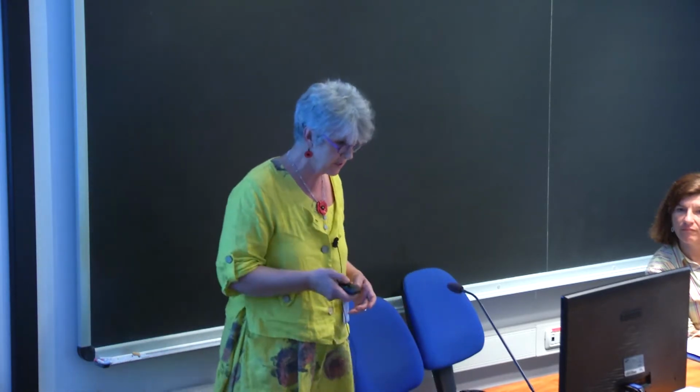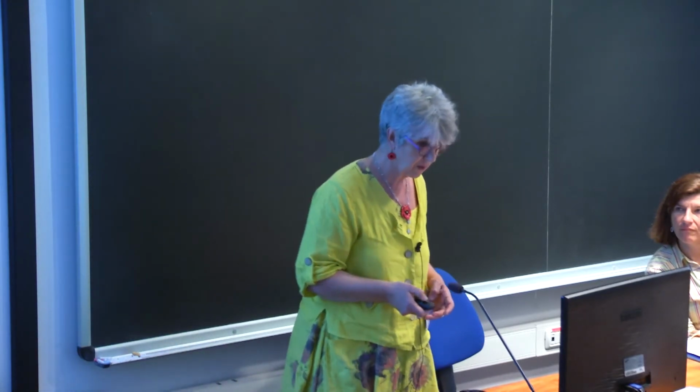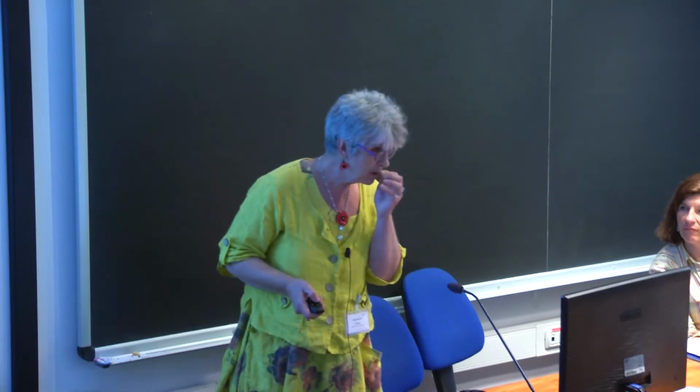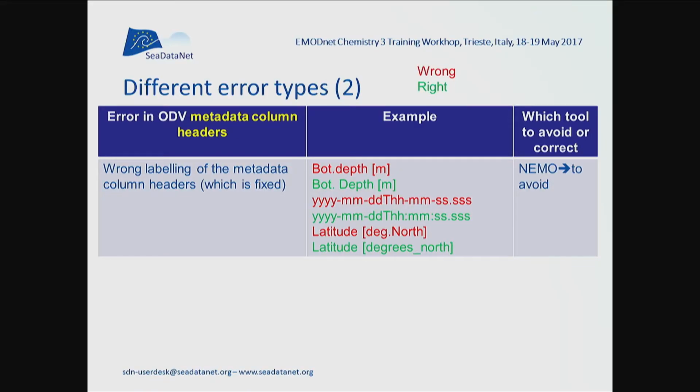Another type of error is, for example, error in the metadata ODV column names. We had, for example, the spelling of the metadata columns in ODV, which is fixed in the format and must not be changed.